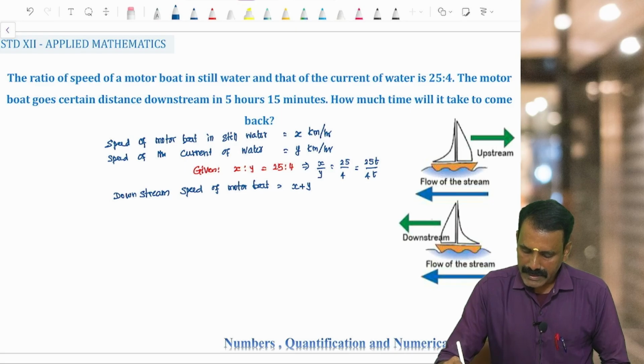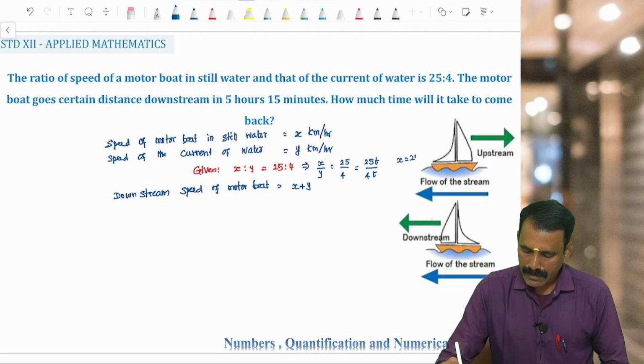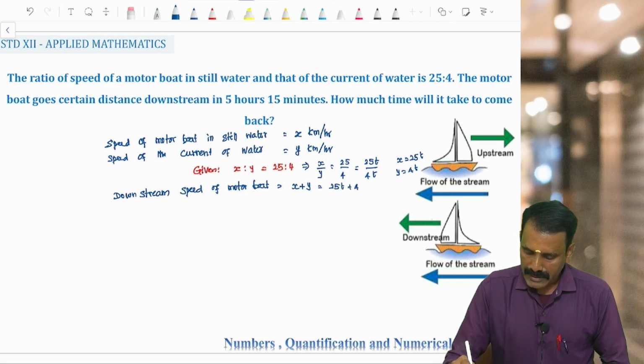So we have taken x is equal to 25t and y is equal to 4t. So which is nothing but 25t plus 4t, that is nothing but 29t.